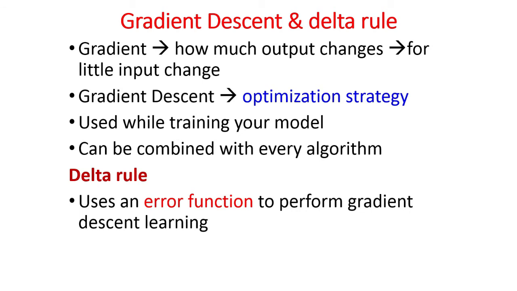It will try to increase and decrease the weights in a way that the error of the output would go either down or up during the training session. So, the delta rule uses an error function to perform gradient descent learning.